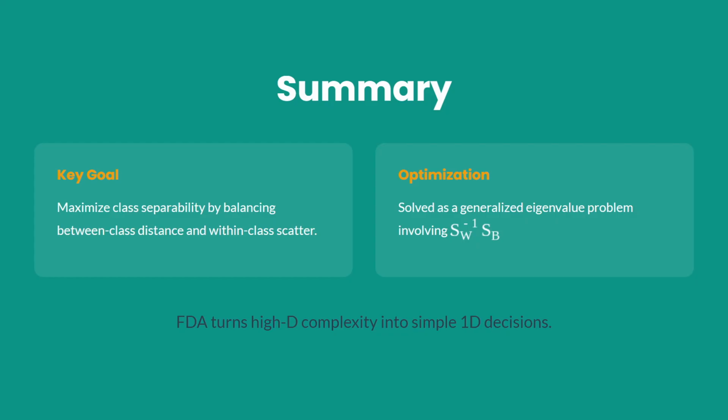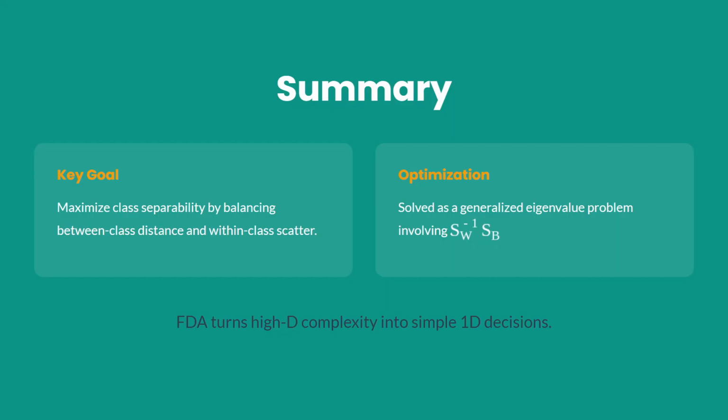The summary is to maximize class separability by balancing between-class distance and within-class scatter. Those are the two objectives. The optimization is solved as a generalized eigenvalue problem involving SW inverse. If you have done a course in computational methods of optimization, you must know how to solve that equation. It is a generalized eigenvalue problem in which we use a Lagrange multiplier to solve it and get W directly proportional to SW inverse SB.